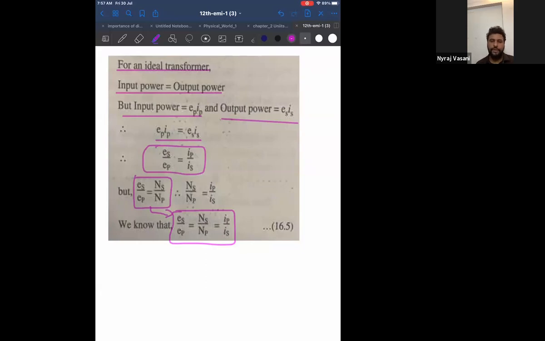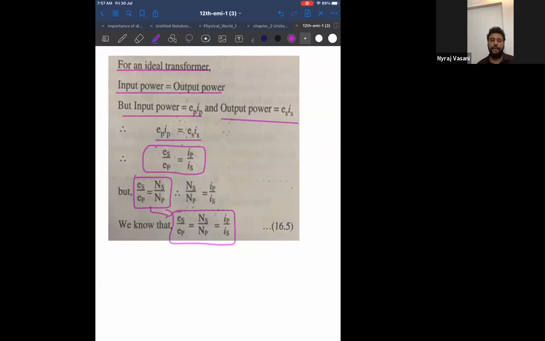First type, step up transformer. And the second one is step down transformer. Two types: step up transformer and step down transformer. So write down step up transformer.